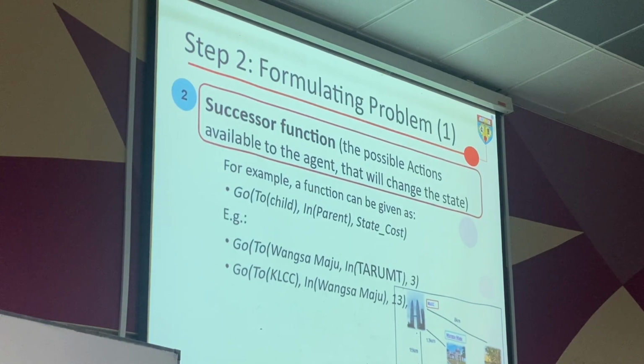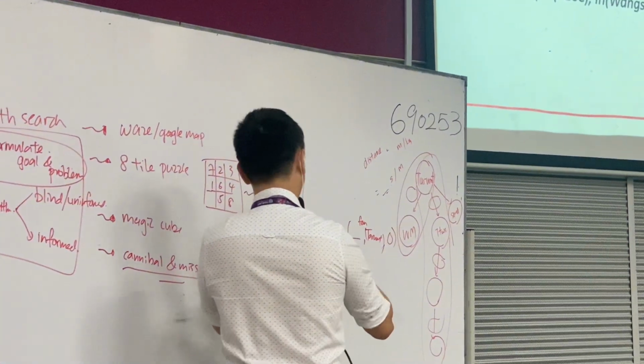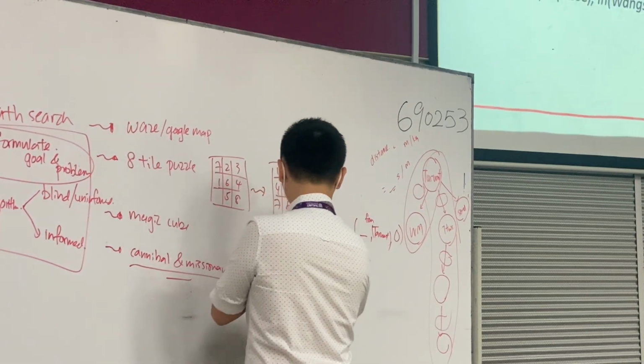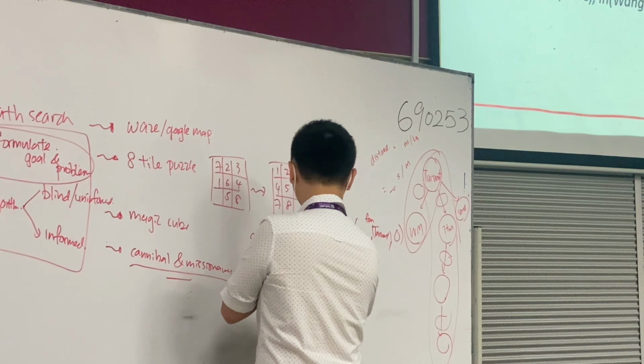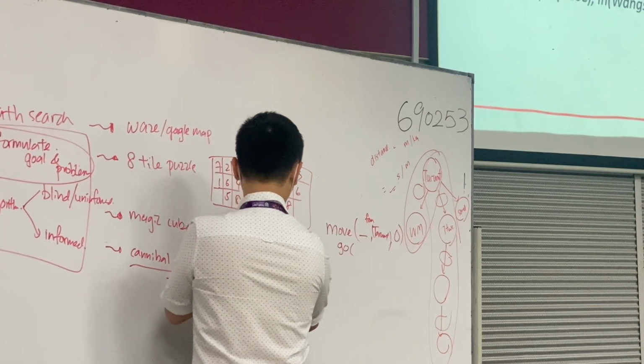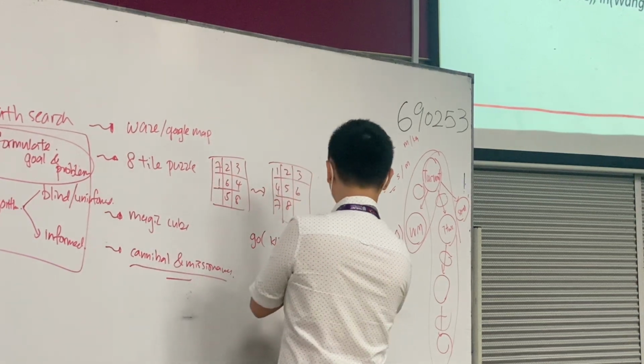So how to write the successor functions? You can use this way, or it's up to you. You can use go, whatever. We just want to define, okay? From Thai UMT, you can reach KLCC. This is one of the possible movements from here to here. It takes 50 kilometers.